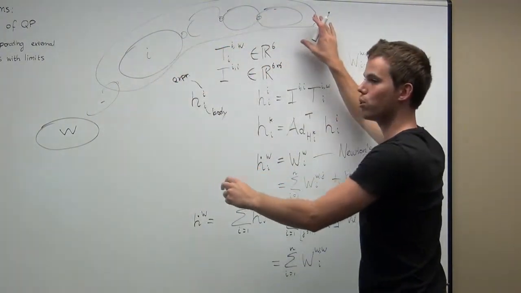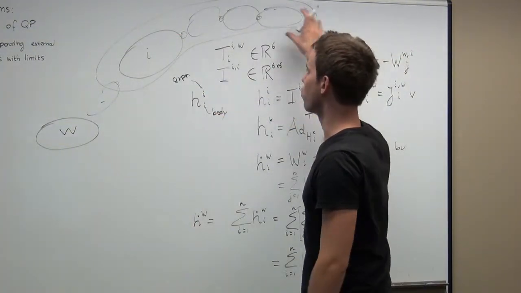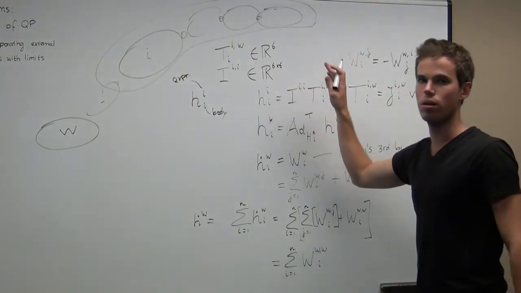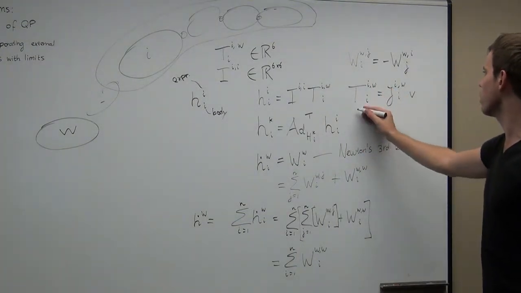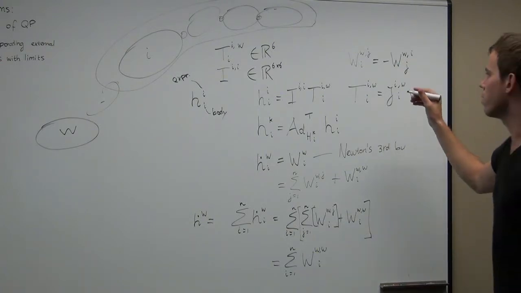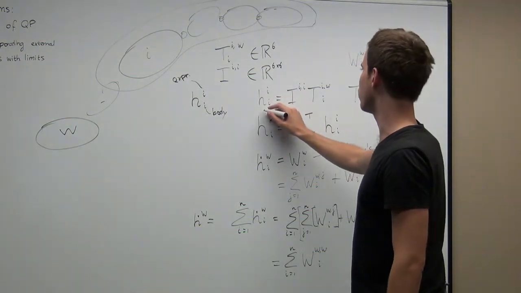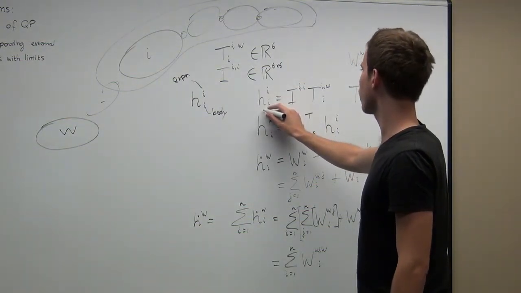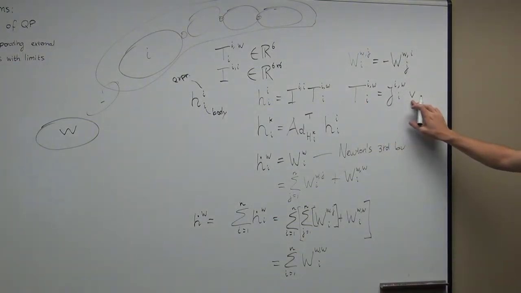But if you just add a bunch of zeros, then you can also work with the whole velocity vector. So the twist of each body individually is a linear function of the velocity vector. Then the momentum of each body individually is a linear function of the twist. So a linear function of the velocity vector.